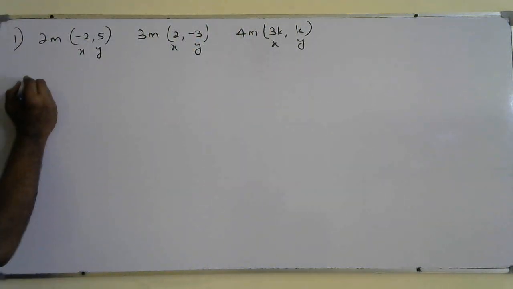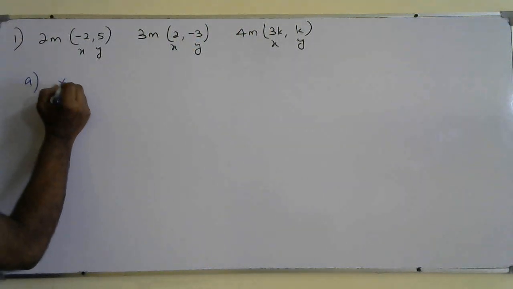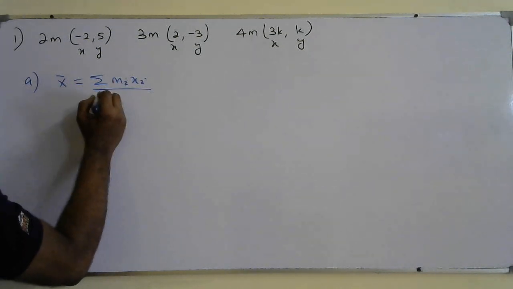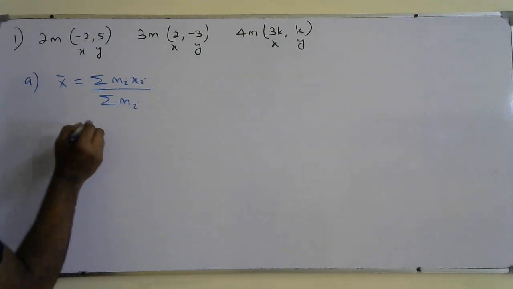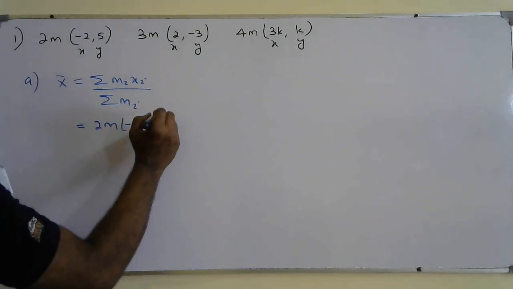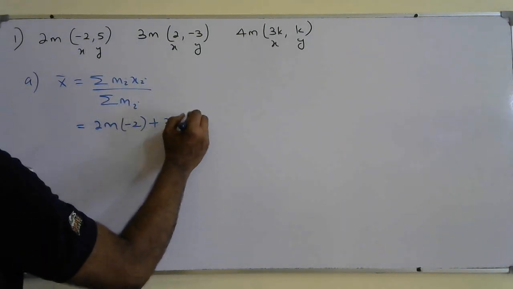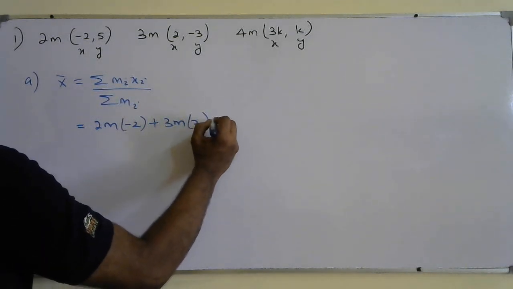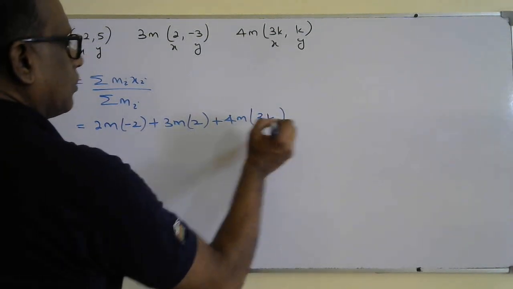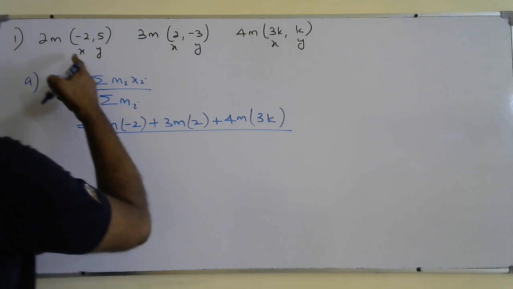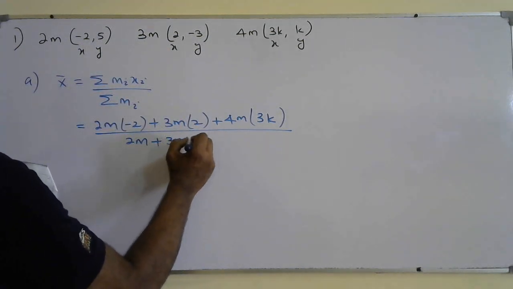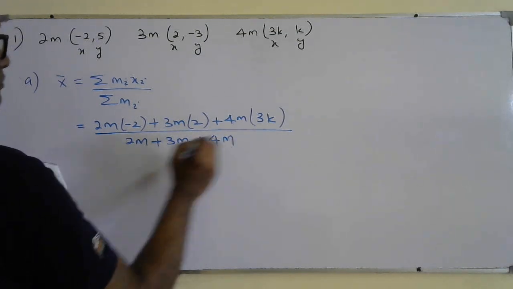So for part A, we know that x bar is equal to sigma mi xi over sigma mi. So for the first particle, 2m into -2, plus 3m into 2, plus 4m into 3k, over the total mass, that is 2m plus 3m plus 4m.